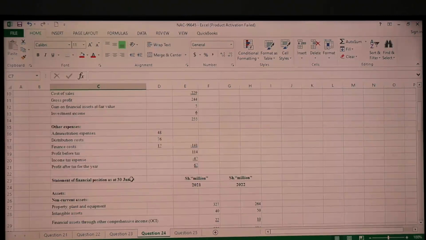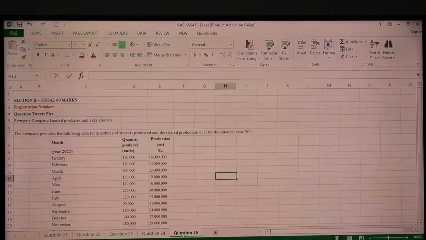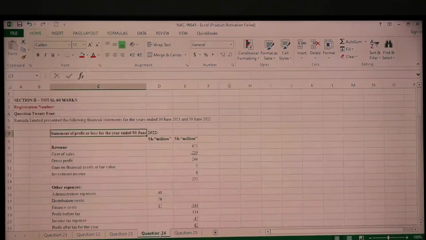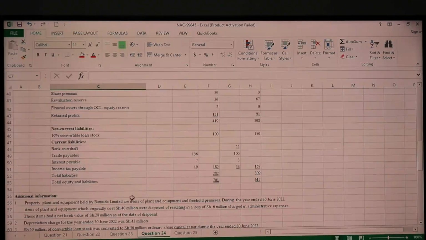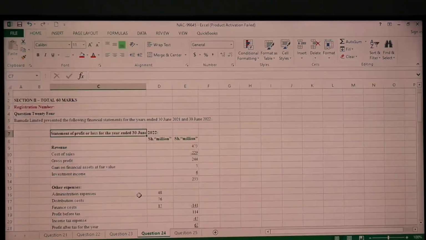Once you have the format, you just pick those values, and once you do that, you'll be able to achieve it. Once you finish this question, you'll go and attempt that question here. I'll send you this copy too. You go and attempt question 24 of the last sitting. You're given these statements and you're supposed to extract the cash flow.